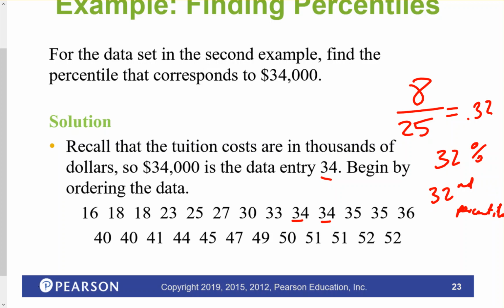Okay, so what does that mean? That basically means the tuition cost of 34,000 is greater than 32% of the other tuition costs.